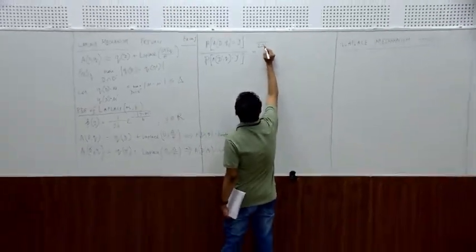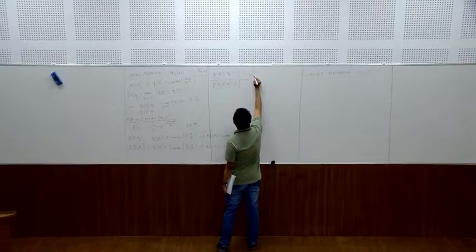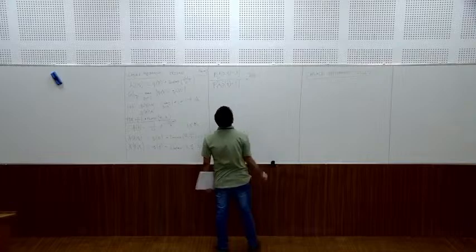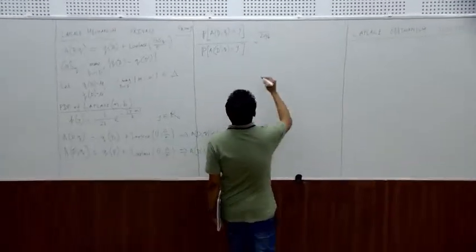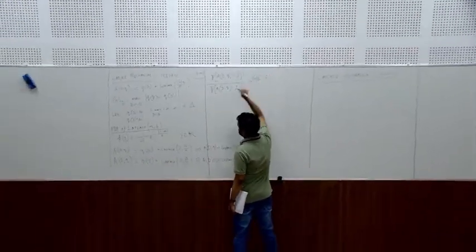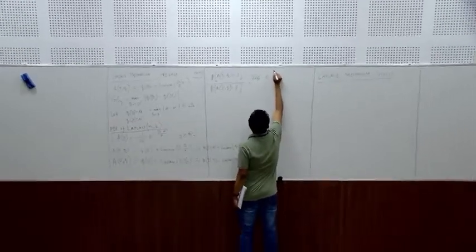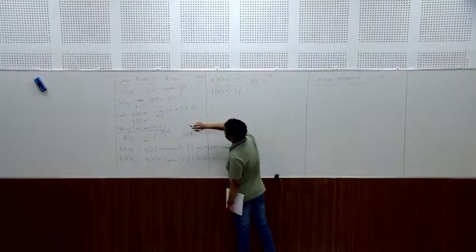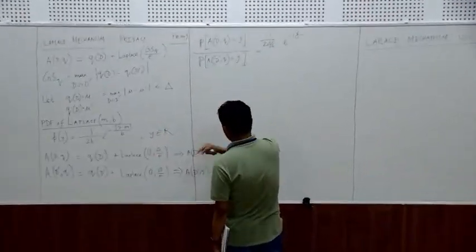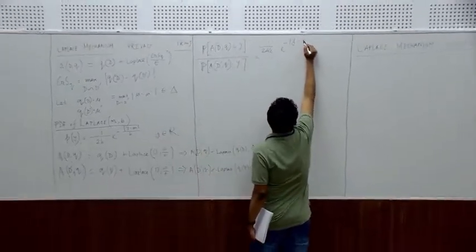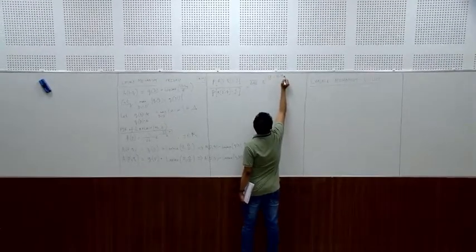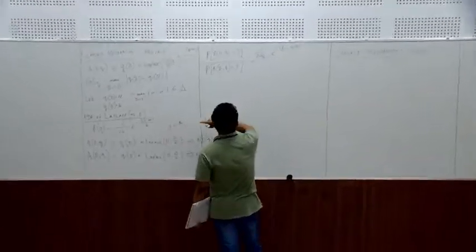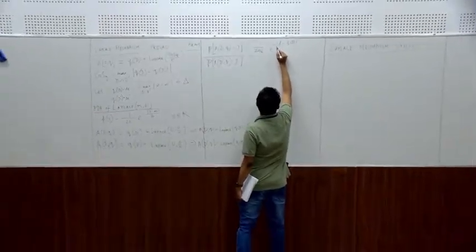So we are replacing b by delta by epsilon. So we have 1 over 2 delta by epsilon, e to the power minus the absolute value of y minus q(d), divided by b, where b is delta by epsilon.